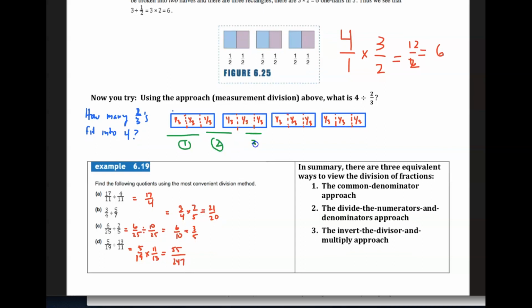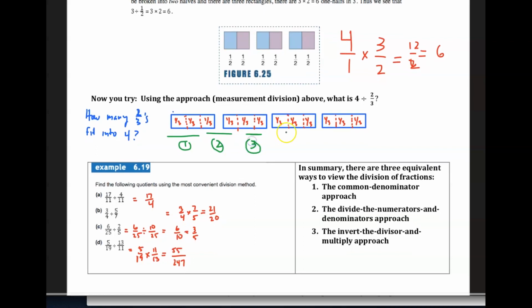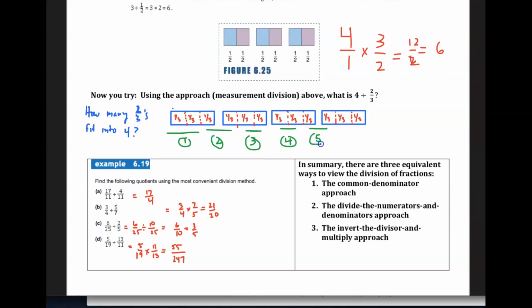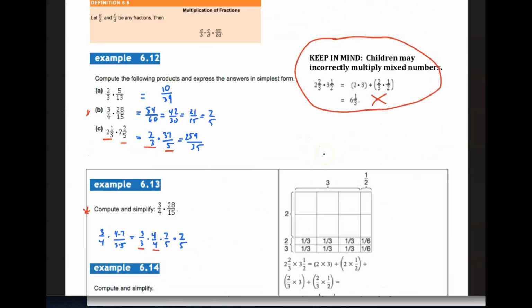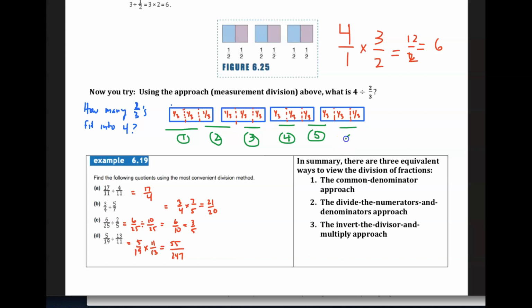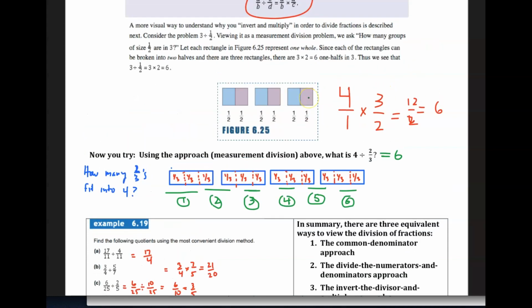There's 2/3, that's 3. There's another 2/3, that's 4. Another 2/3 is 5, and then another 2/3, here is 6. Now you can see why the answer is 6. It comes from this measurement model.